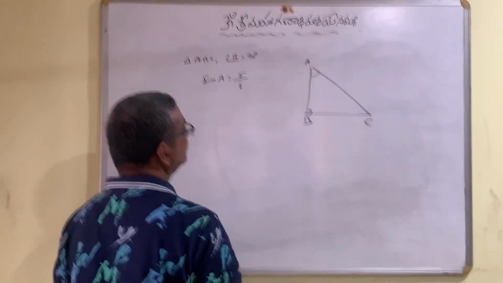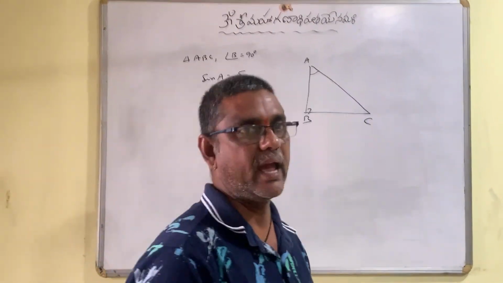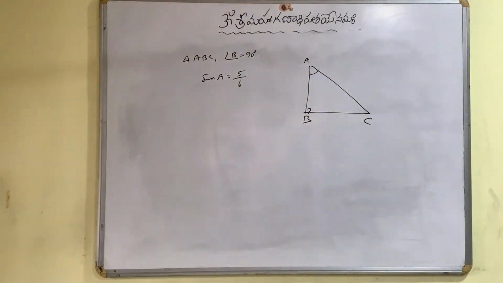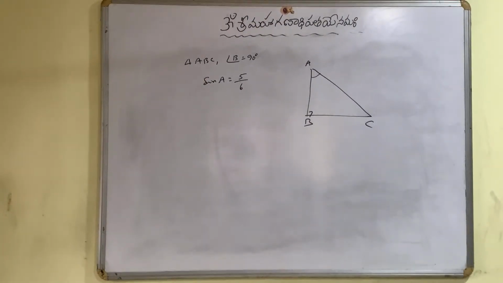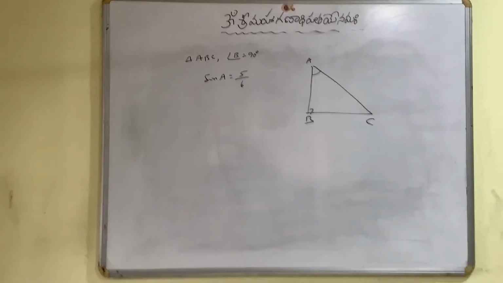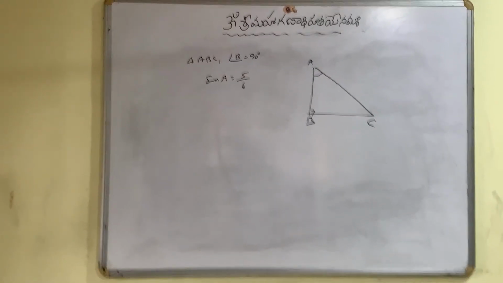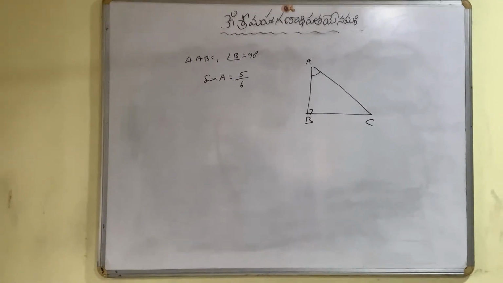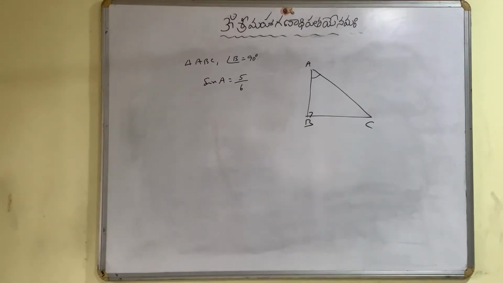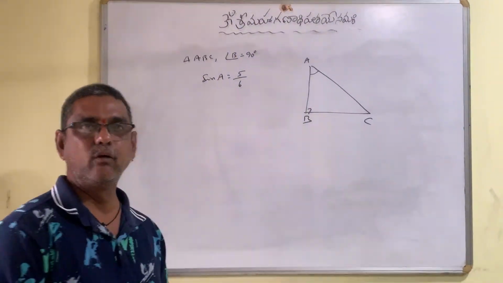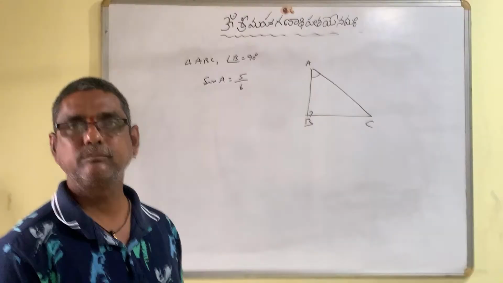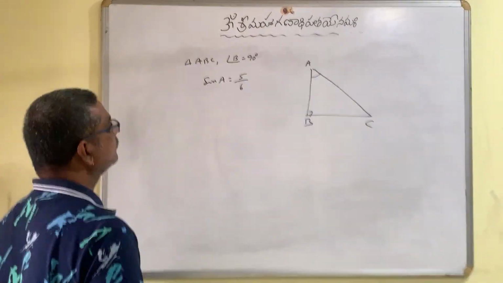Here we don't know the sides of the triangle. We know one of the ratios, sin A 5/6. But we don't know the sides here. So what we have to do?